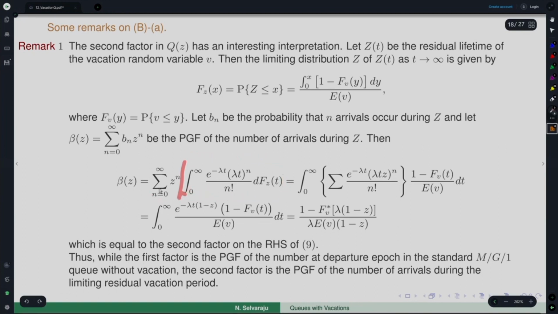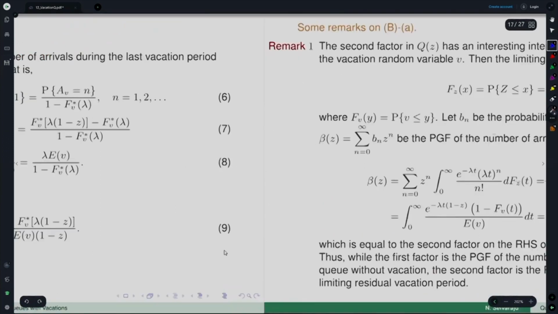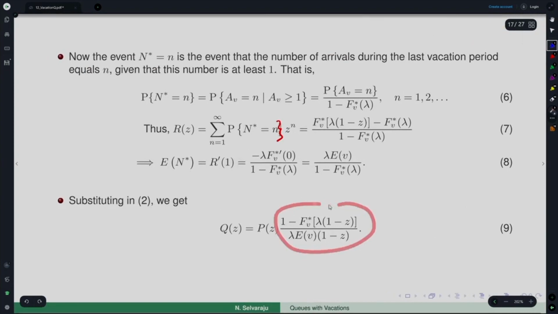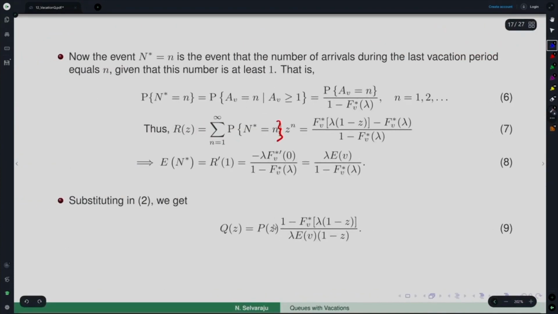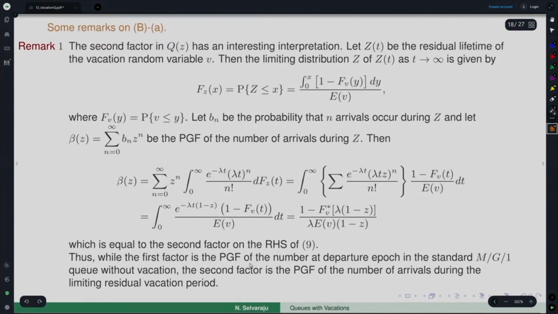Now, you can interchange this, and then this will turn out to be an exponential. Again, this integral you can write as a Laplace transform to arrive at this expression. So this is the second factor that we have obtained. The first factor, P of z, is the PGF of the number at departure epoch of the standard M/G/1 without vacation.